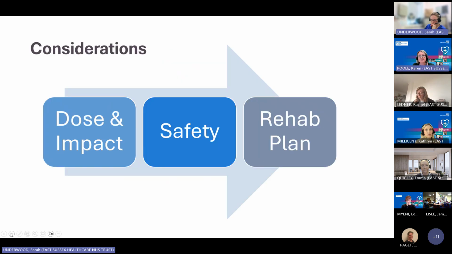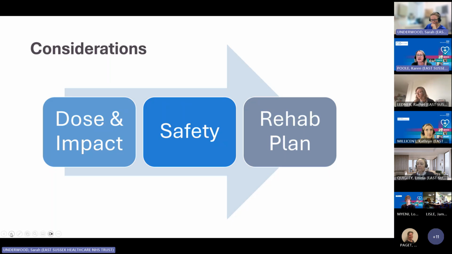So again, as Sarah said, there are things that we need to consider when we are thinking about botulinum toxin. So with this lady, our plan was to inject her hamstrings with a potential consideration for her adductors. But these are big muscles and they require the maximum dose, particularly if we think about the picture of that lady and the degree of spasticity and contracture that potentially existed.